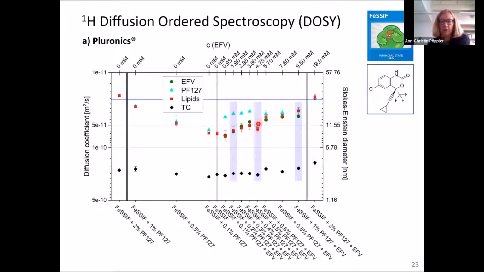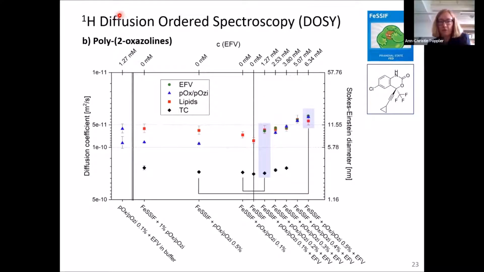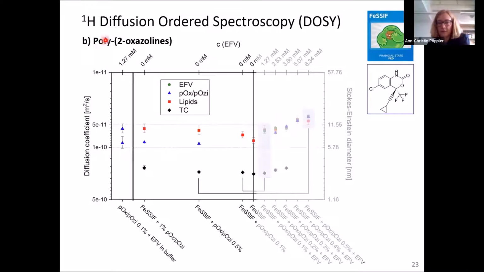So this is already showing that as soon as we add guest molecules, the situation becomes a lot more complex. And the same for the other polymer. On the left side, you see again dark blue now the polymer, in red the lipids, in black the taurocholate, and you can see that they are not diffusing together, so they are largely in separate particles, as we expected from the proton data.